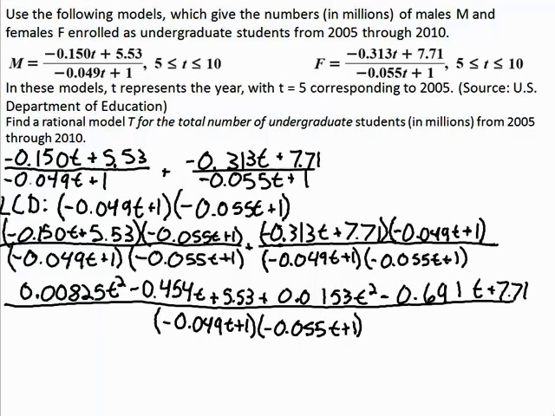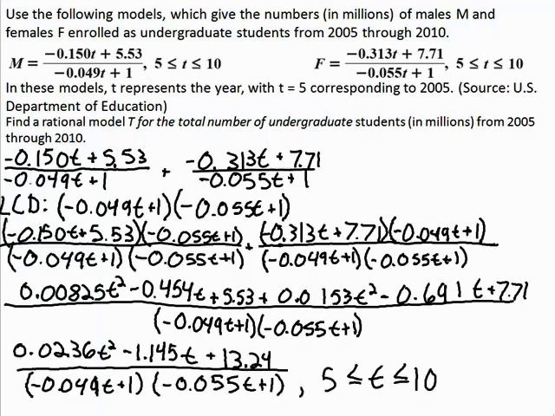Combine like terms. The simplified expression is 236 10 thousandths t squared minus 1 and 144 thousandths t plus 13 and 24 hundredths divided by the quantity negative 49 thousandths t plus 1 times the quantity negative 55 thousandths t plus 1, where 5 is less than or equal to t and t is less than or equal to 10.